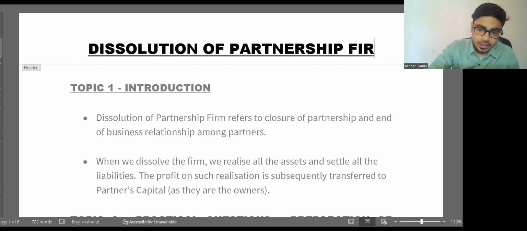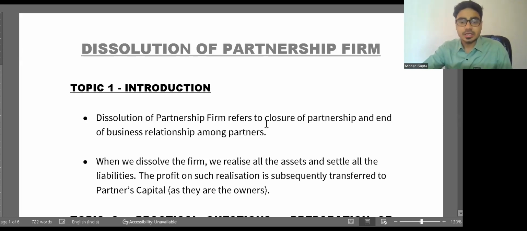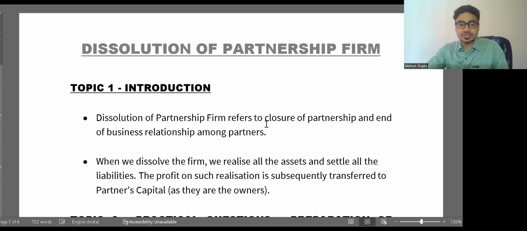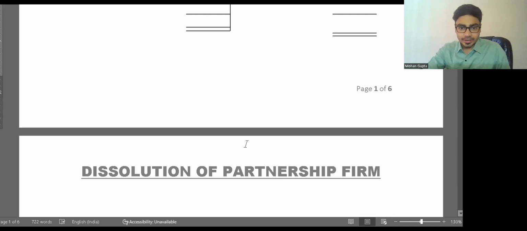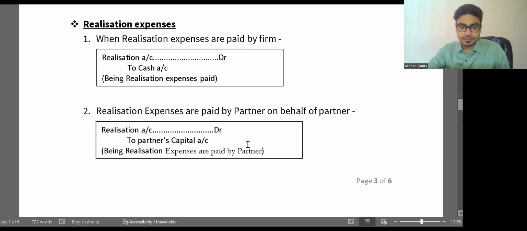Right, absolutely. Dissolution of partnership means a different thing. It means change in partnership, so that is retirement, death, admission of a partner. So a partnership exists, but there is a change in partnership. And we have to cover dissolution of partnership firm.